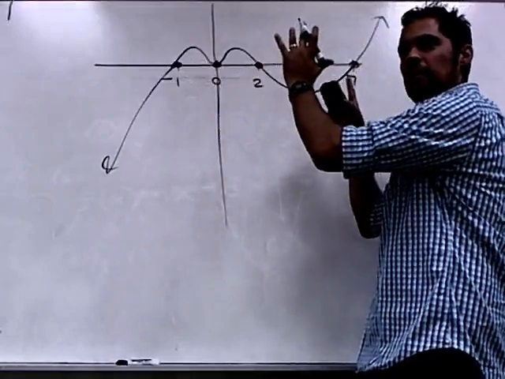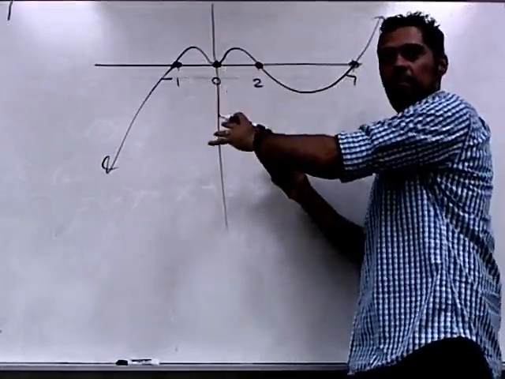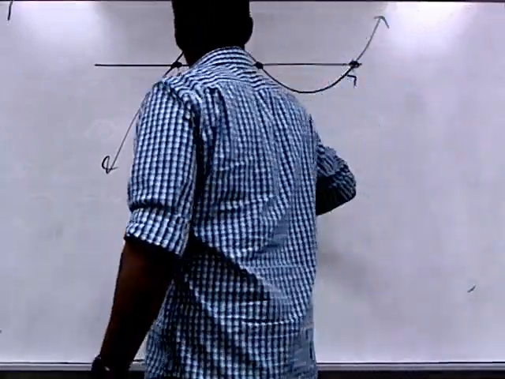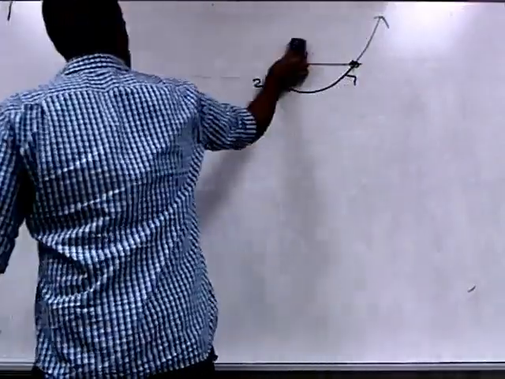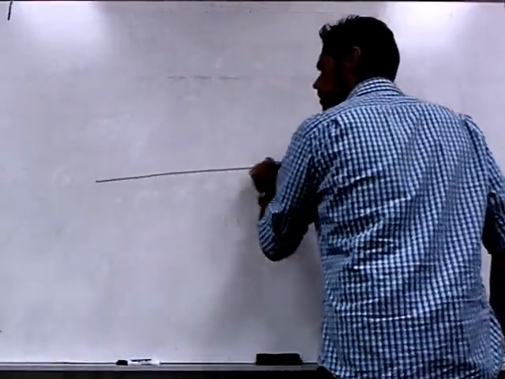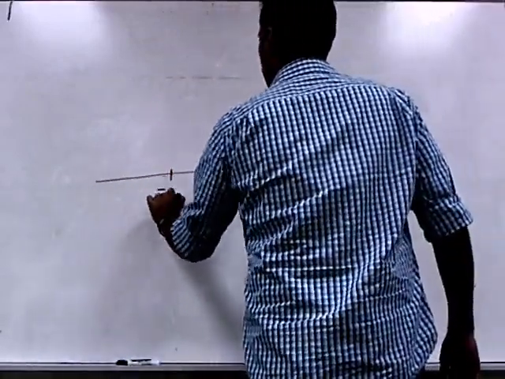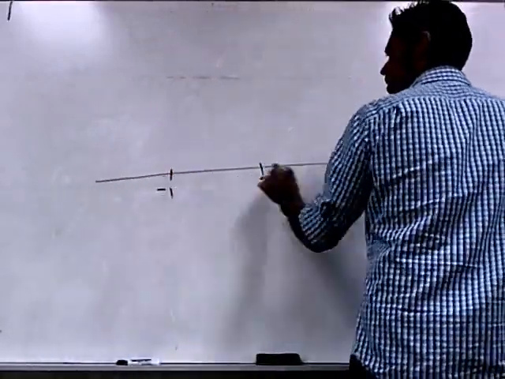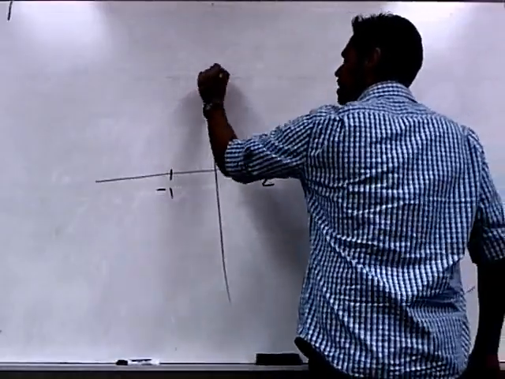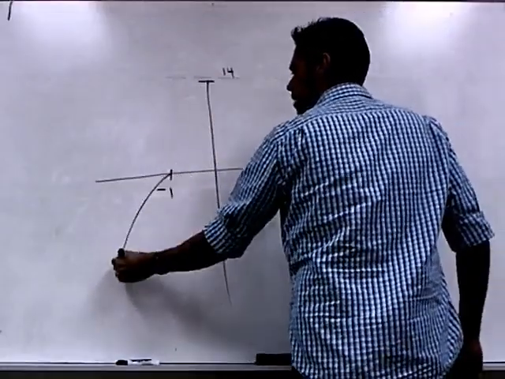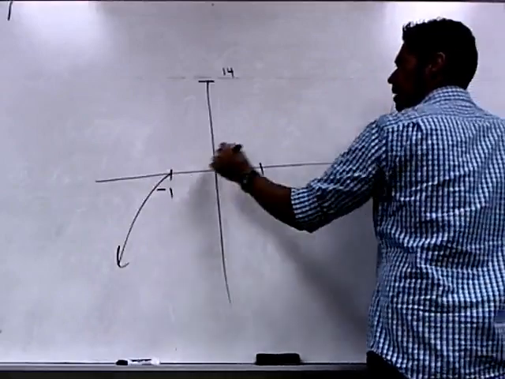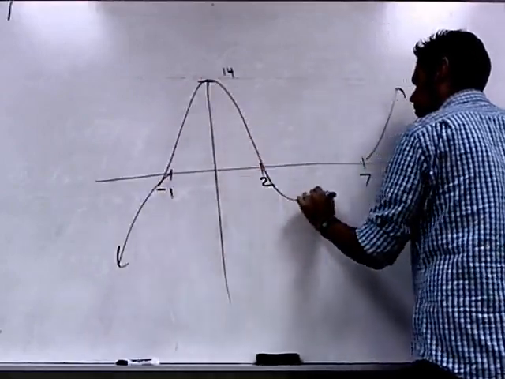This is what my modified problem of the quiz would have been. The quiz would have looked like this. What was it, -1, 2, 7, and then we would have had 14 up here. It still went down up, right? But it crossed everywhere. So we would have done that.